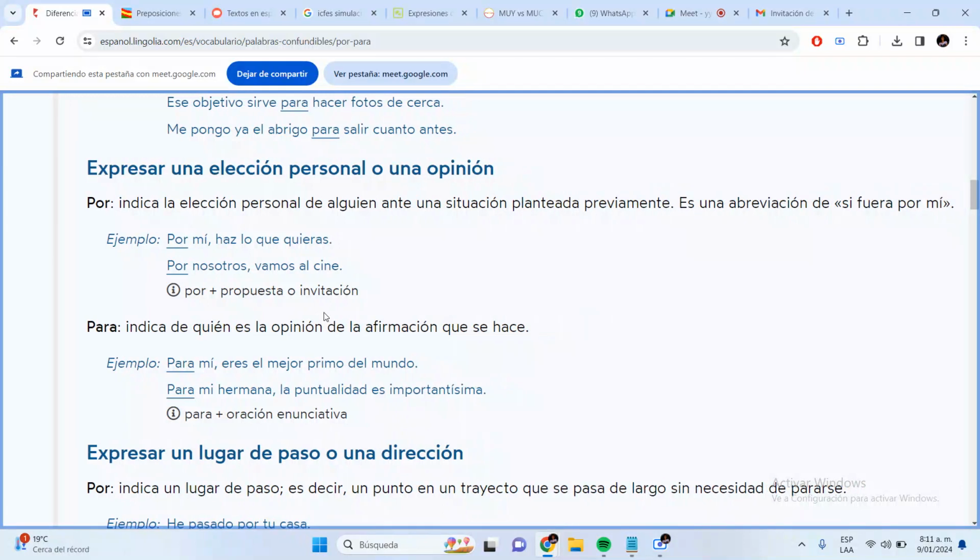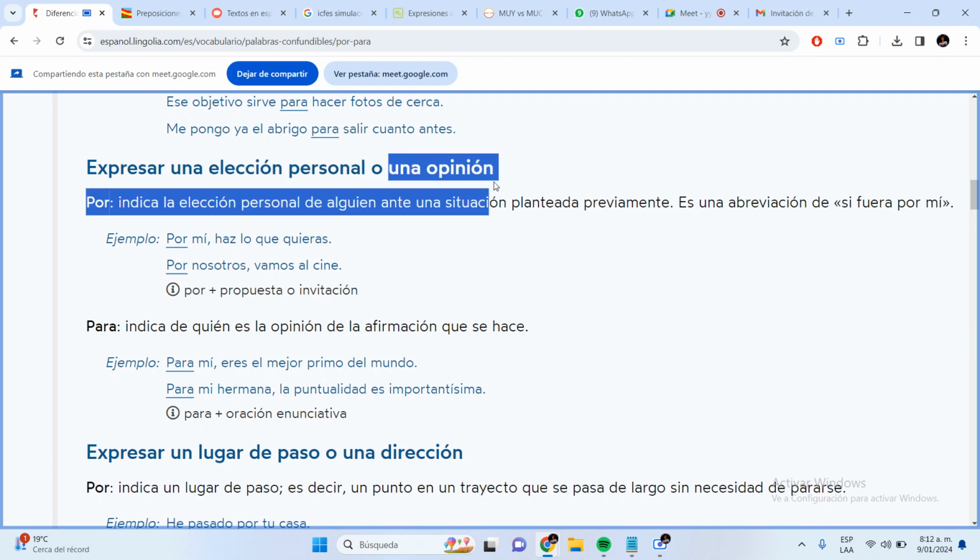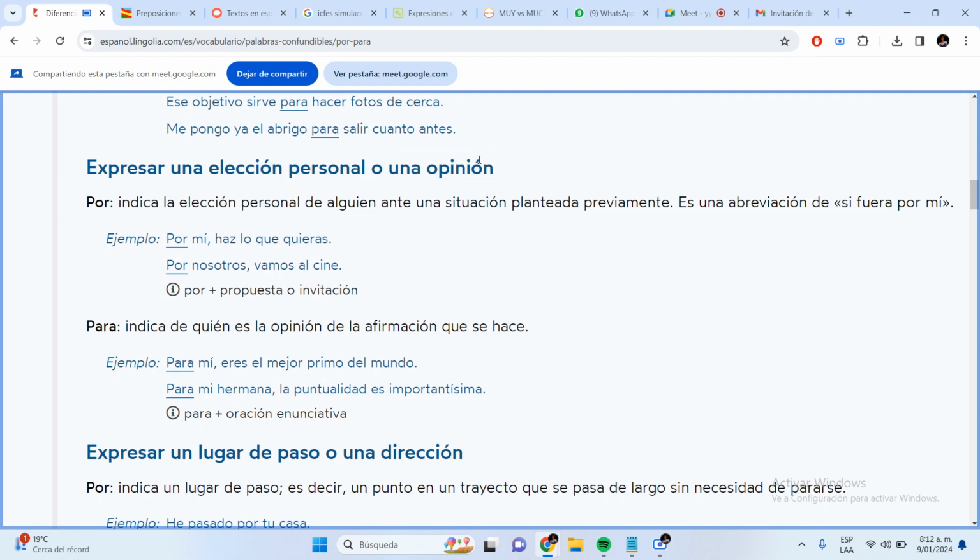Also, we have expresar una elección personal o una opinión. And we're going to see that for elección personal, we're going to use por, and for opinión, para. So, more specifically, por indica la elección personal de alguien ante una situación planteada previamente.